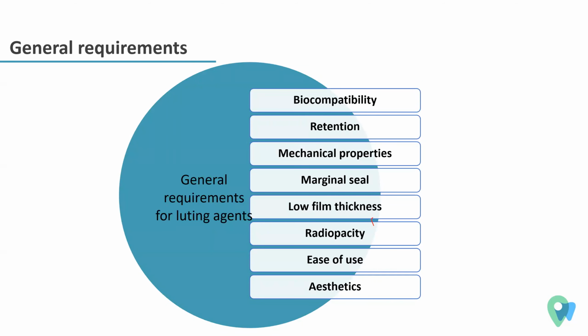Now, moving forward, we need to understand that there are a number of requirements needed for an ideal luting agent. Those would be biocompatibility, retention, mechanical properties, marginal seal, low film thickness, radiopacity, ease of use, and aesthetics.